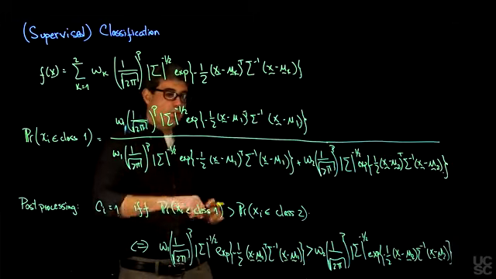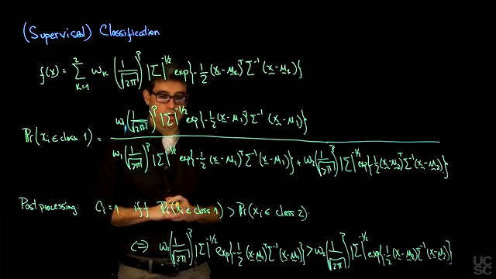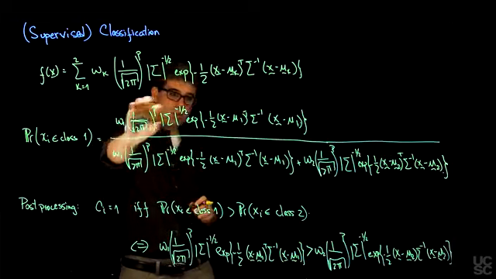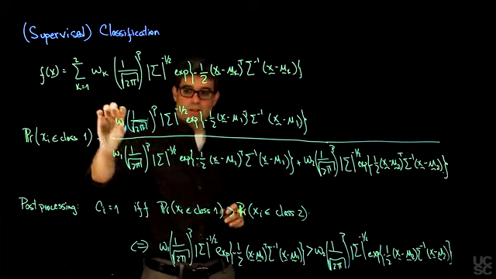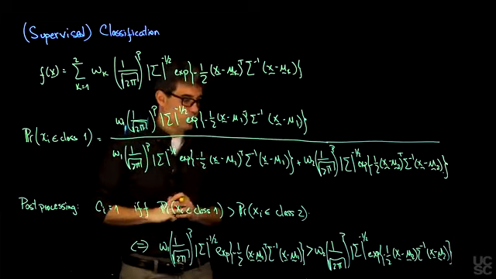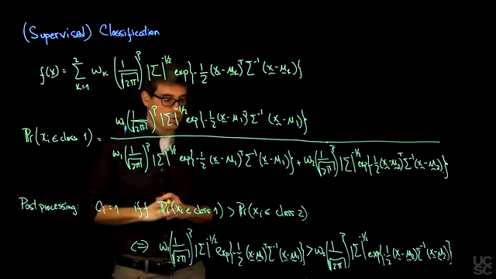So probability of class 1 greater than probability of class 2 only if this quantity is greater than the same thing but evaluated for the second component in the mixture.